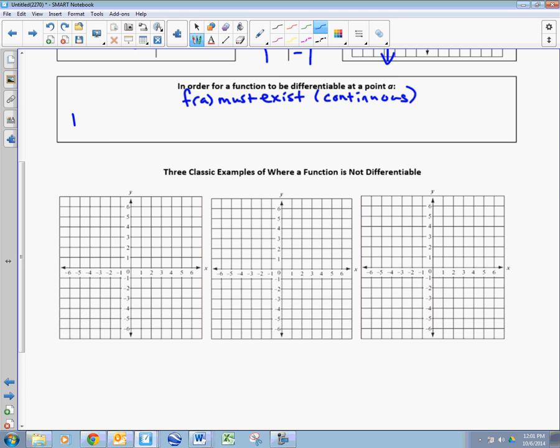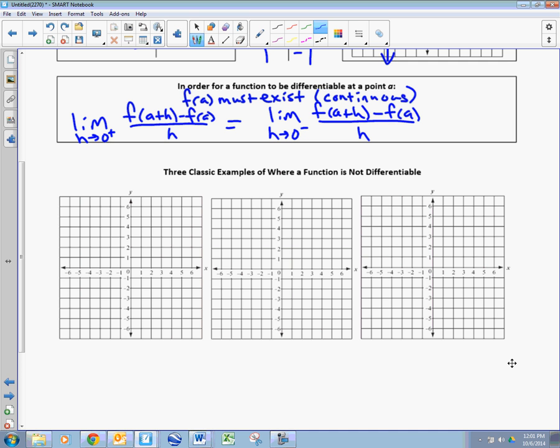Second of all, the limit as h approaches 0 from the positive side of f of a plus h minus f of a all over h must be equal to the limit as h approaches 0 from the negative side of f of a plus h minus f of a all over h.